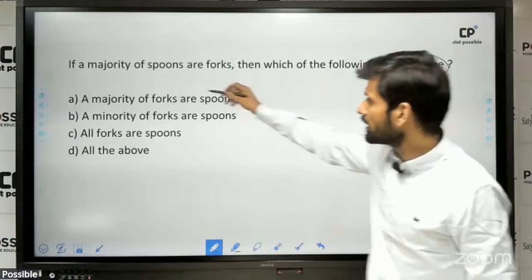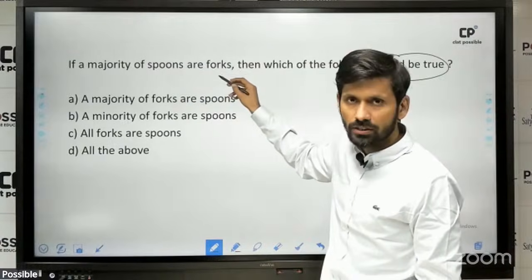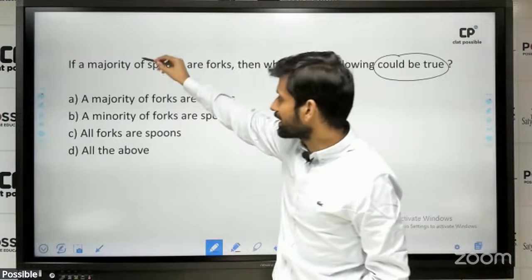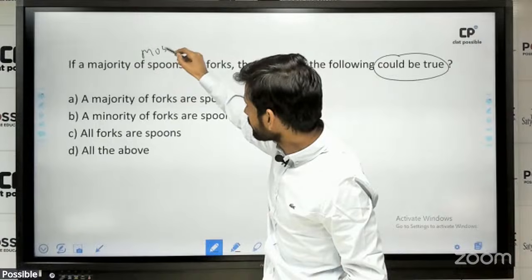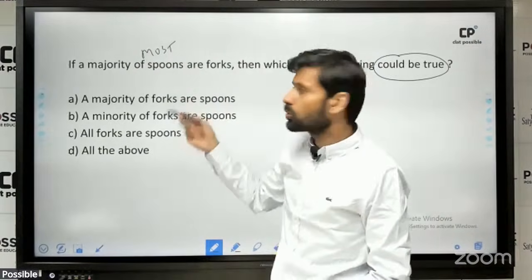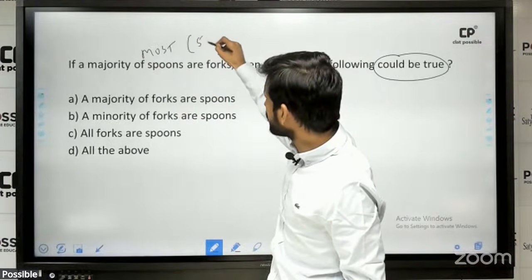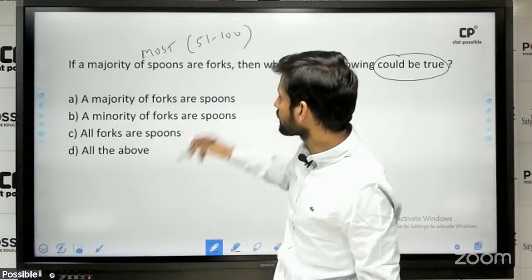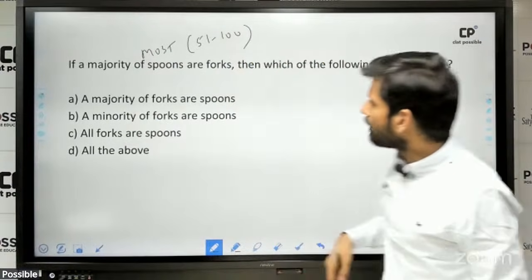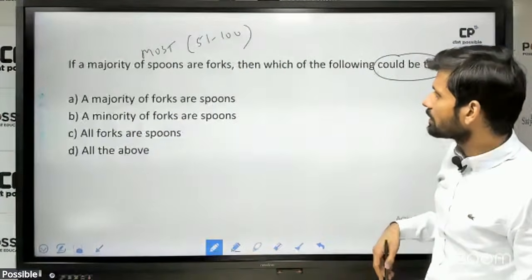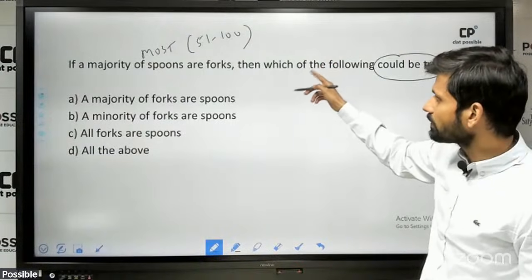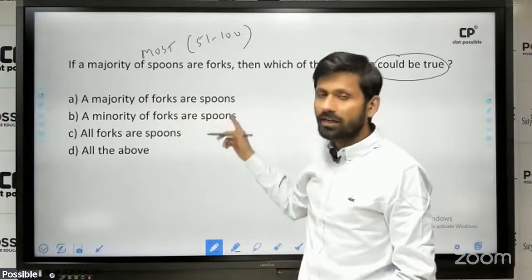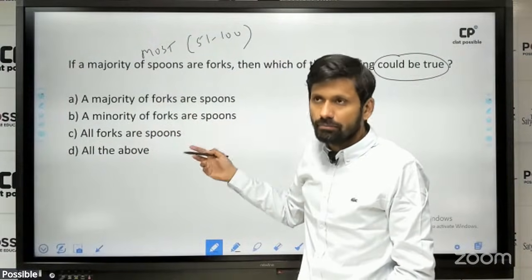Now, if it is given to me, if a majority of spoons are forks, it's like most S are F. So most का मैं मालूम है, it is 51 to 100. Okay. Now, a majority of forks, so most S are F, most F are S, maybe, right?